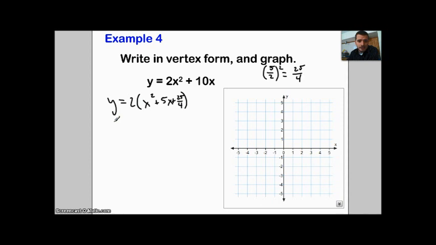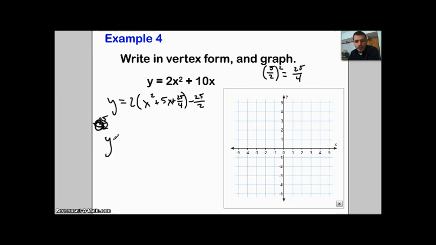Okay, so again, I'm going to add it to this side. So it would be plus 25 over 2. And then instead of adding it to both sides, I'm actually just going to subtract it from this side. So minus 25 over 2. So now that's taken care of.